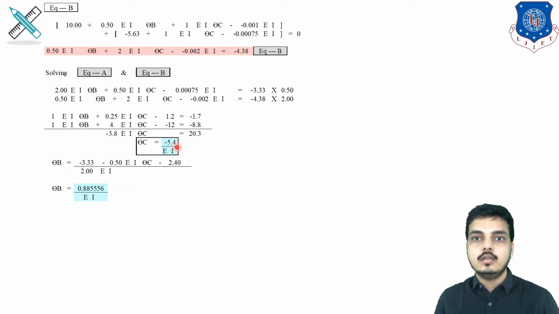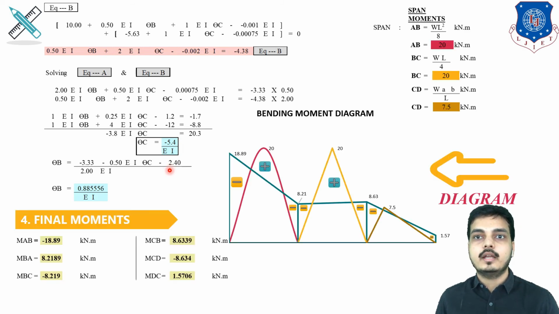After getting both values of theta B and theta C, place them in the step number 2 slope deflection equation to get the final moments, which we did in earlier sums. So the final moments will be MAB equals minus 18, MBA equals 8.2, MBC equals minus 8.2, MCB equals 8.6, MCD equals minus 8.6, and MDC equals 1.5.